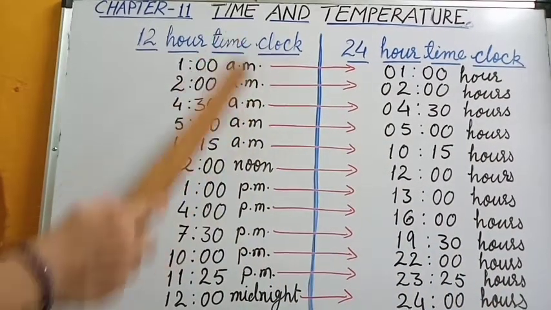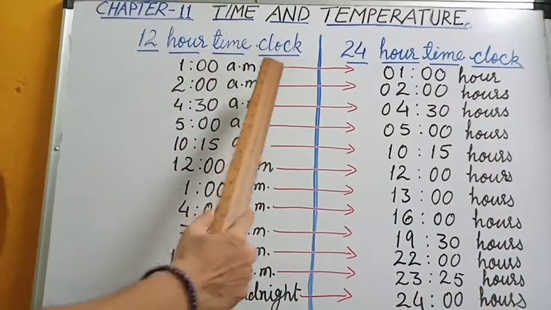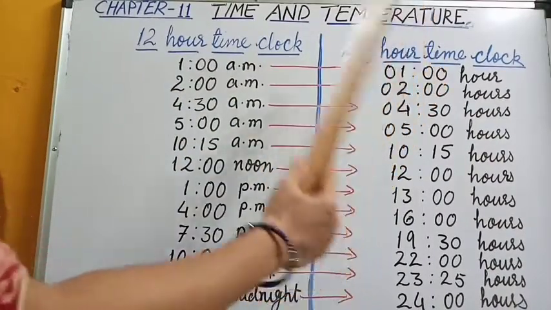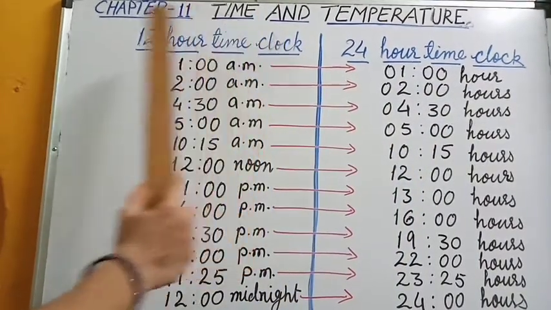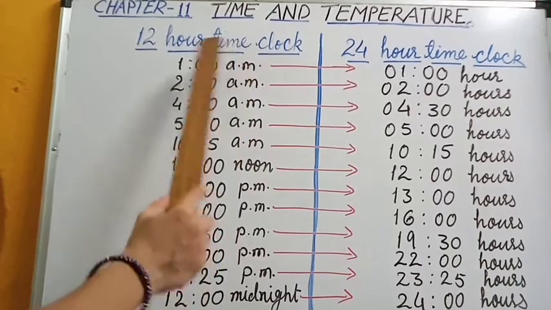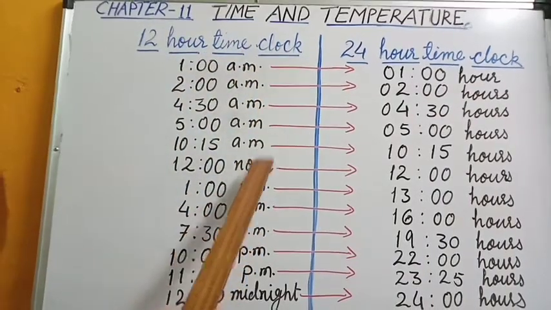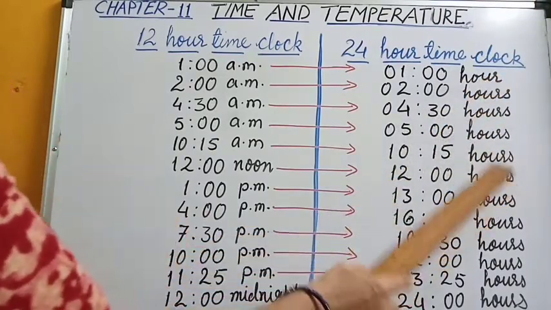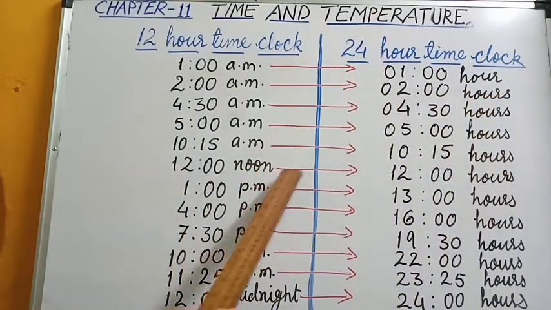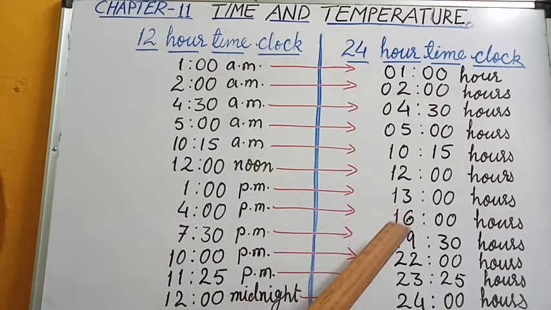So this way we can convert 12-hour time clock to 24-hour time clock, or 24-hour time clock to 12-hour time clock. The only difference is that in 12-hour time clock we use AM and PM, and in 24-hour time clock we use hours, and after 12 noon we move 13, 14, 15, 16 up to 24.